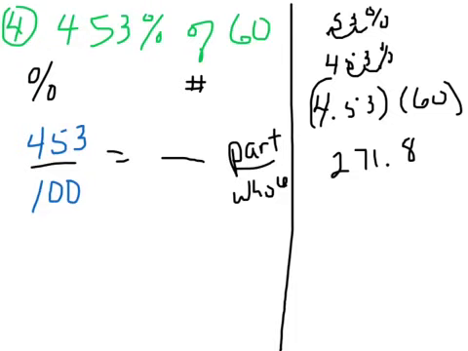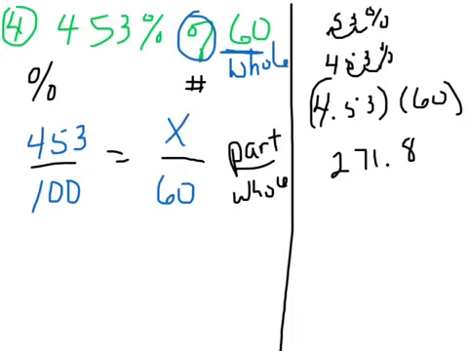Now we want 453% of 60. 60 is our whole. Actually, this number is going to be our part. It's going to be larger than the whole, but we know that 60 is the whole because of the way it's worded, and also because when I see the word "of" in the ratio method, it tells me this is the whole, the number that comes out of it. So the part's what's missing, we'll call it X.